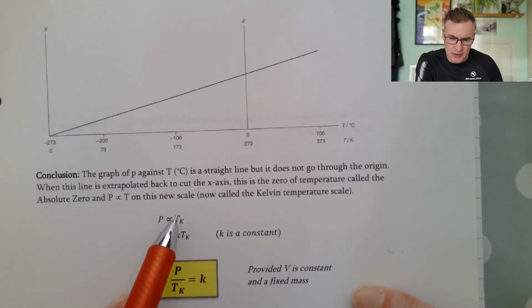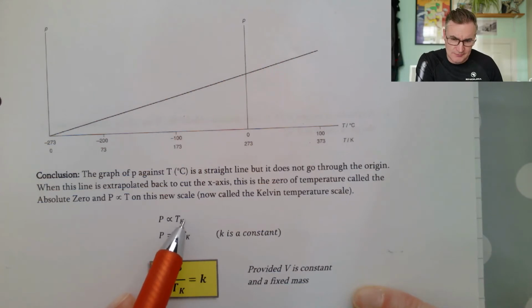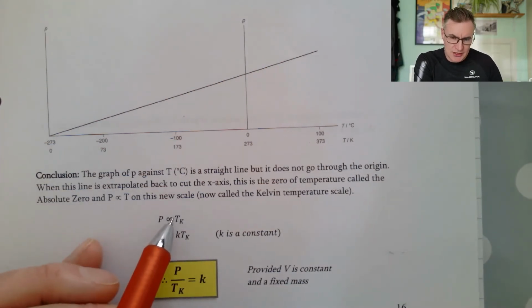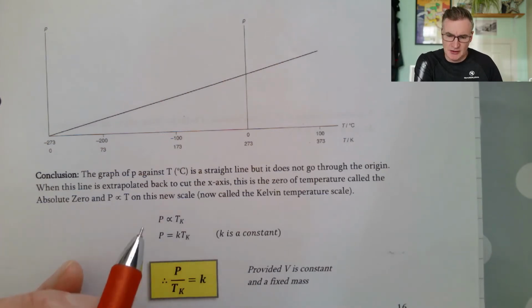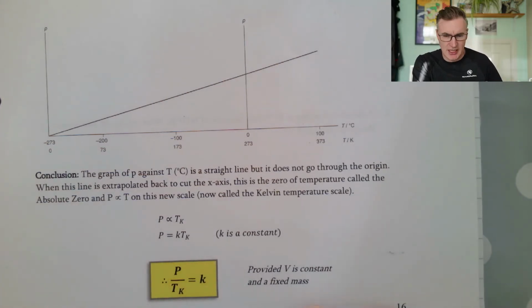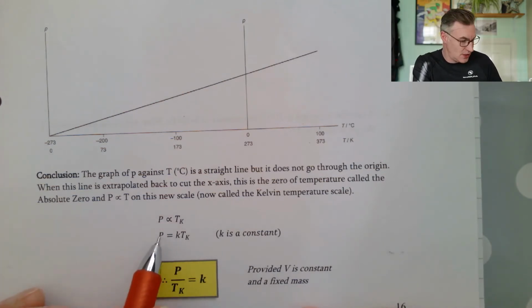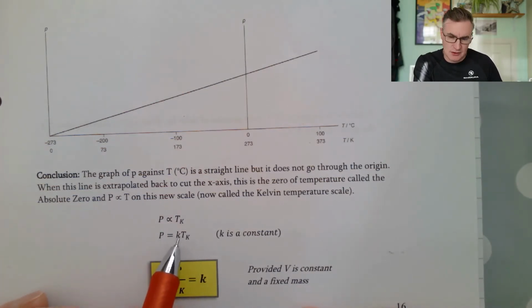So this is why we say TK. So pressure is directly proportional to the temperature in Kelvin, which again, same as Boyle's law, we have pressure is equal to a constant times temperature.